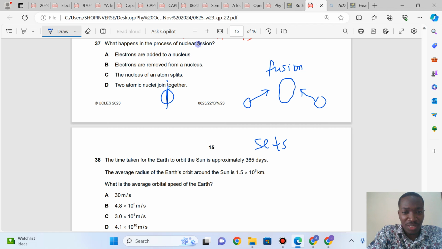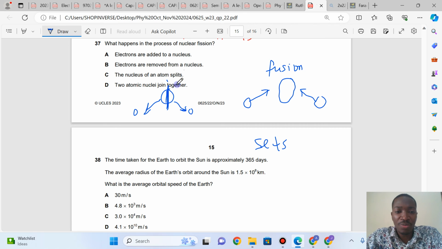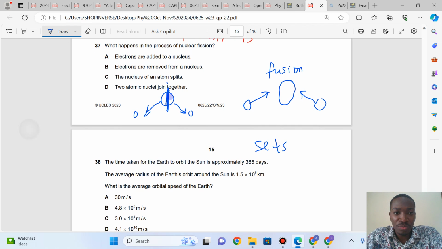Let this I split and break the heavier nucleus to form two smaller nuclei. So during fission, the heavier nucleus splits to form two smaller nuclei.